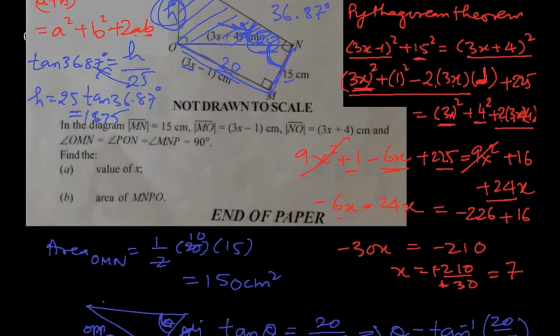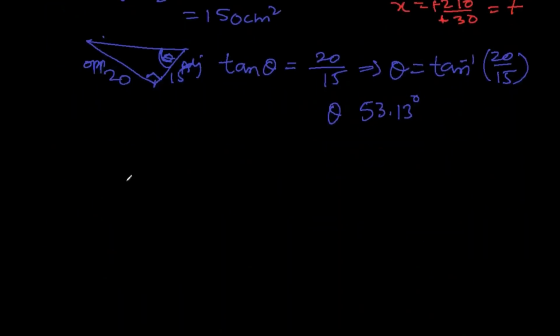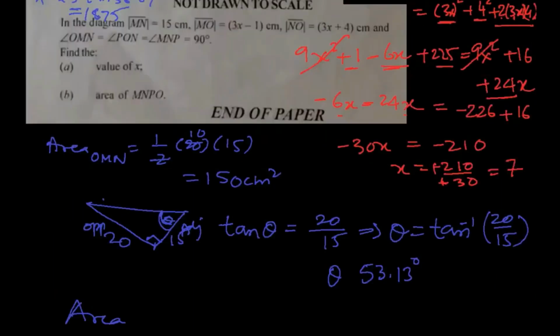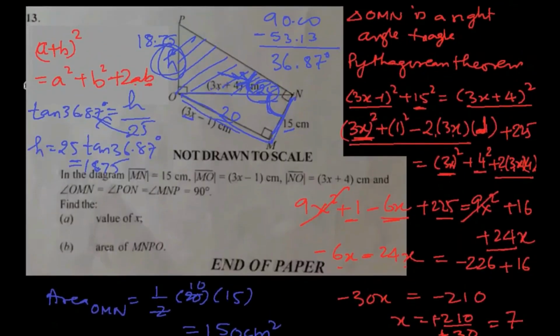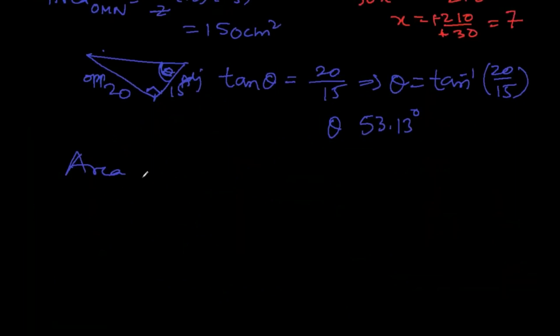Okay. So the area of the triangle PON is equal to half, base was 25, height is 18.75, and we get 234.38 centimeters square.